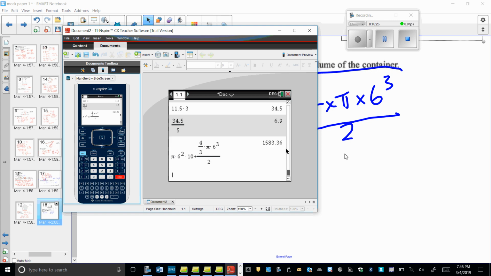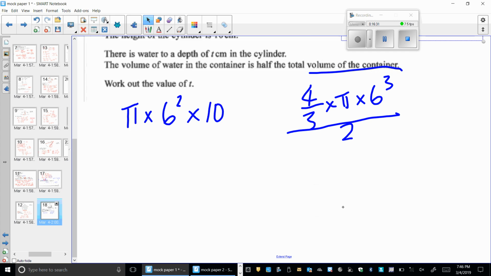That gives me my total volume, which is 1583.36.